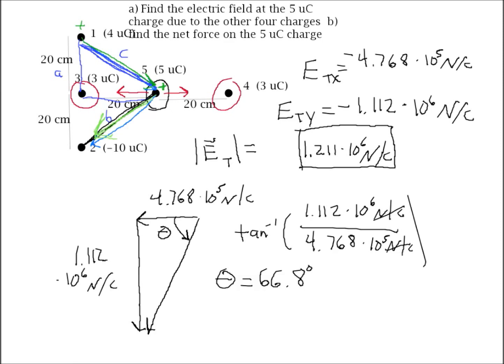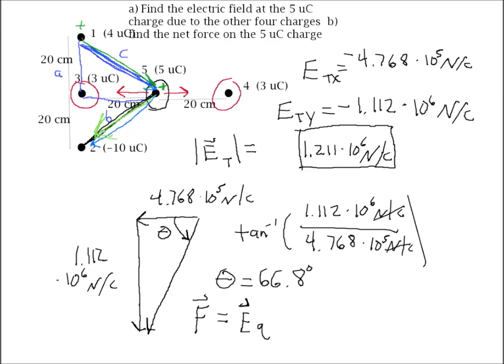Because in order to find the net force on the 5 microcoulomb charge, we can use the electric field that we've already found. Because once you know the electric field at a point, the force on a charge at that point is just equal to the electric field times the value of that charge.